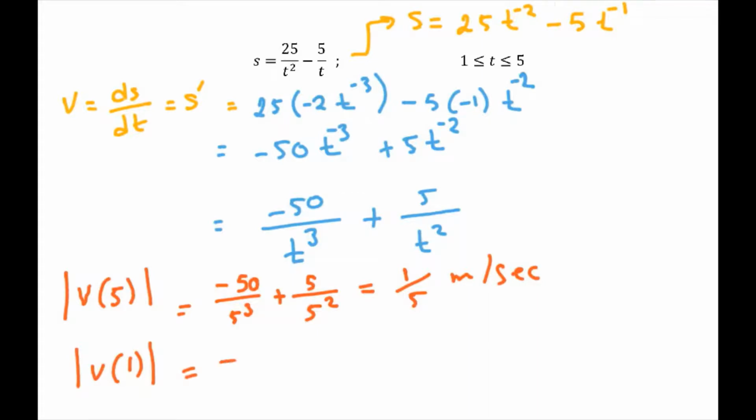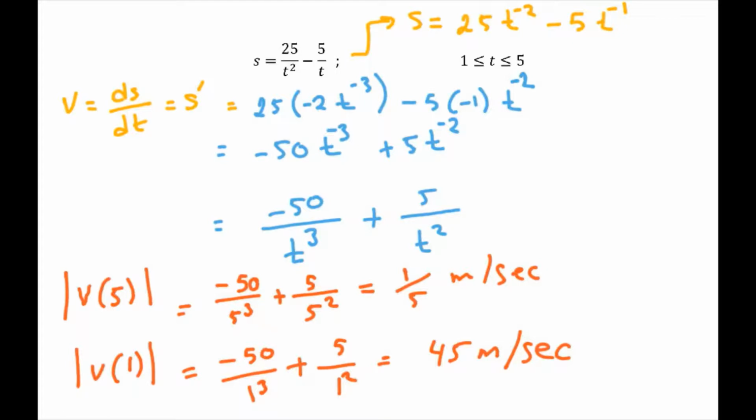V1 will be equal to negative 50 over 1 cubed plus 5 over 1 squared. That's going to be equal to negative 45, so the speed is 45 meters per second. That's the velocity and the speed.